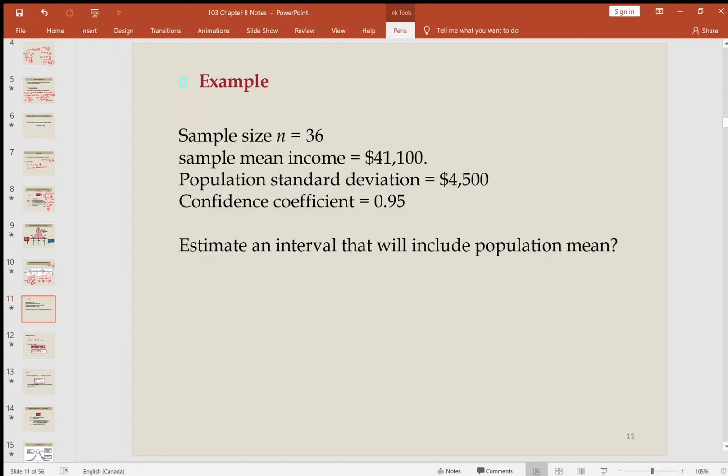So let me just get my pen going here. Sigma, the population standard deviation, is known, so we will use the z formula.